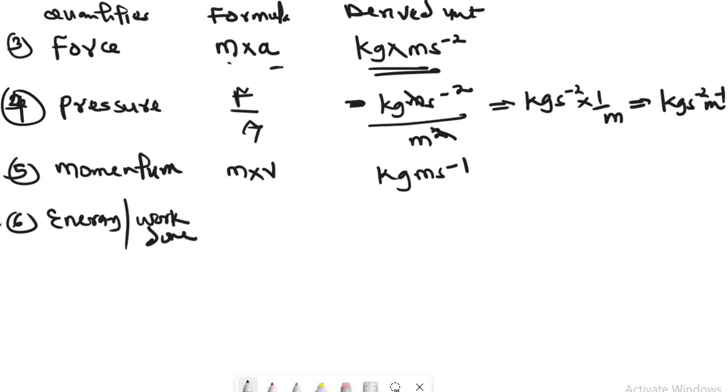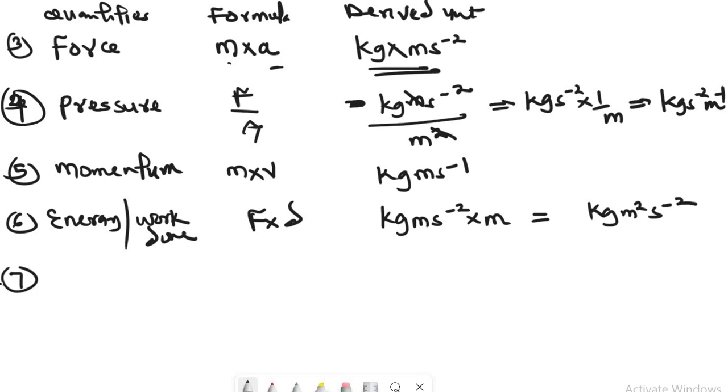Energy or work done. That's force times distance. Force, don't forget, force is kilogram, not Newton. It must be expressed as SI based unit. Don't do that mistake writing Newton. Kilogram meter per second square. Distance is measured in meter. So at the end of the day, we have kilogram meter square s minus 2.